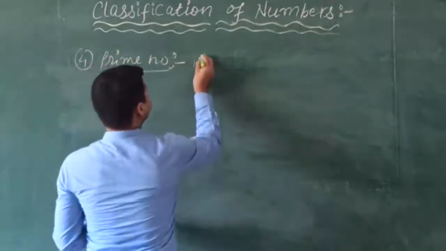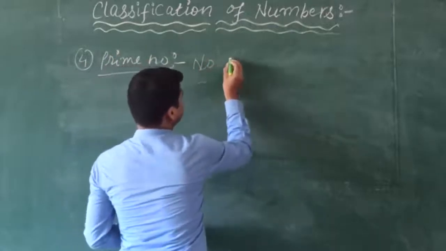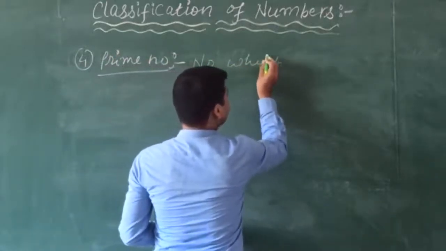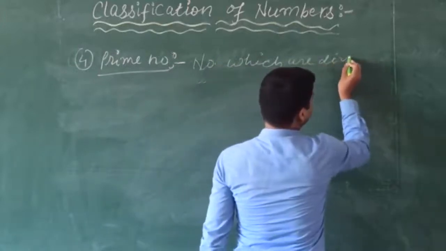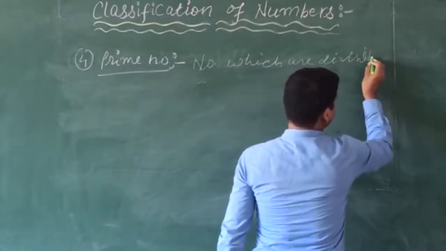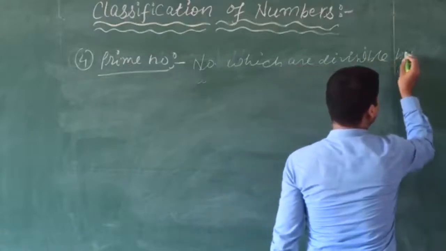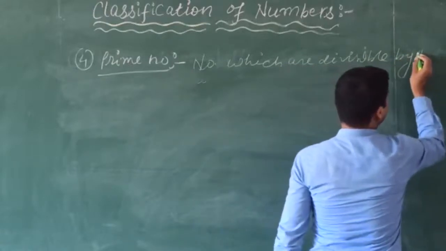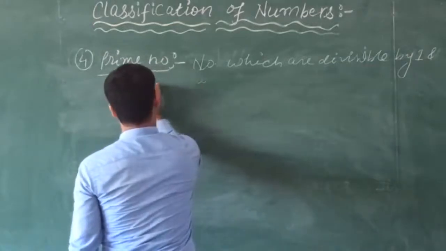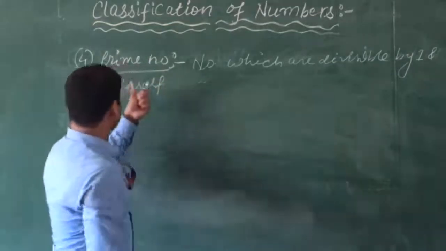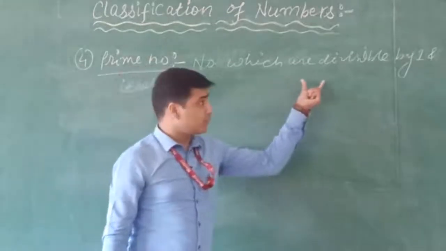Number which are divisible by 1 and itself. Okay, what is called prime number? Number which are divisible by 1 and itself.